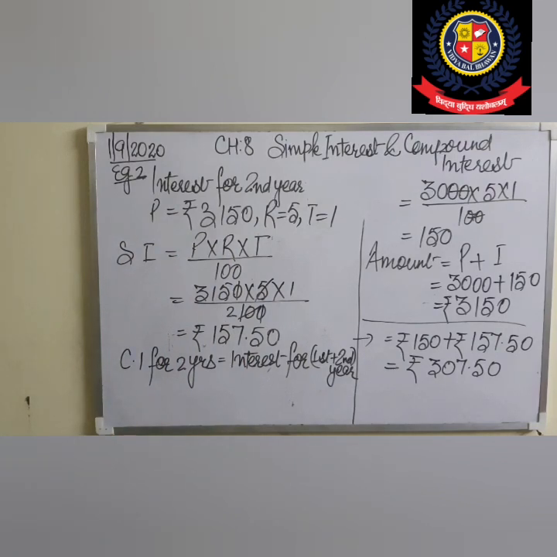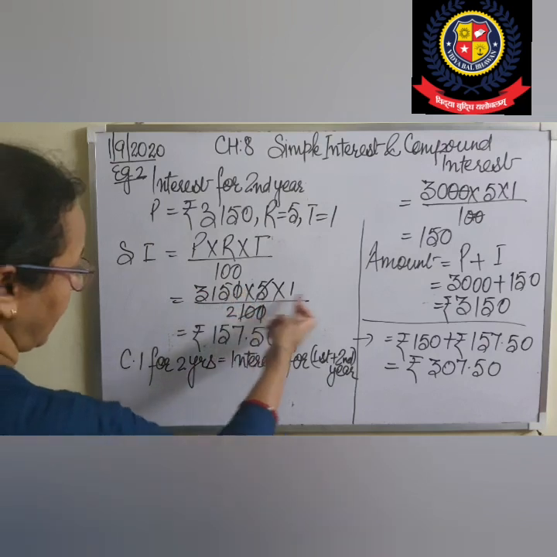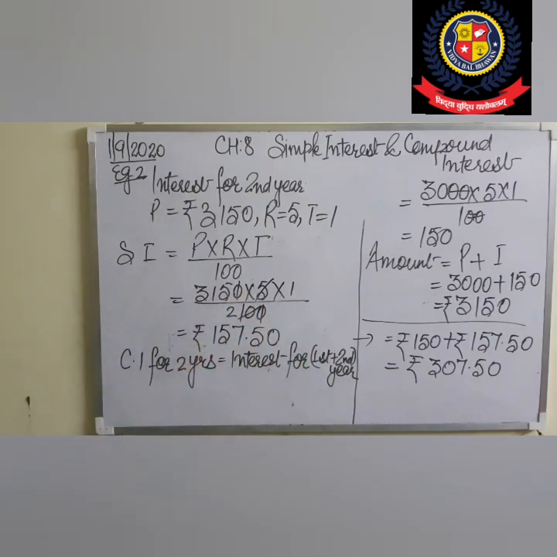So what will we do? P into R into T upon 100. Again I have to put the values, I got 157 rupees 50 paisa. Right? Compound interest for 2 years is interest for first year and interest for second year. I have added 150 and 157.50, which is equal to 307 rupees 50 paisa.